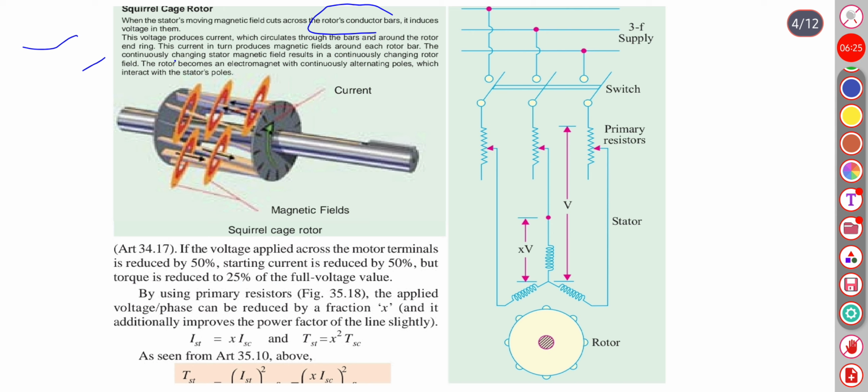The continuously changing stator magnetic field results in a continuously changing rotor field. The rotor becomes an electromagnet with continuously alternating poles which interact with the stator poles. So this is the rotor action in three-phase squirrel cage induction motors.